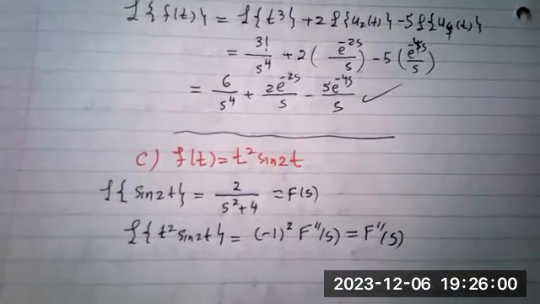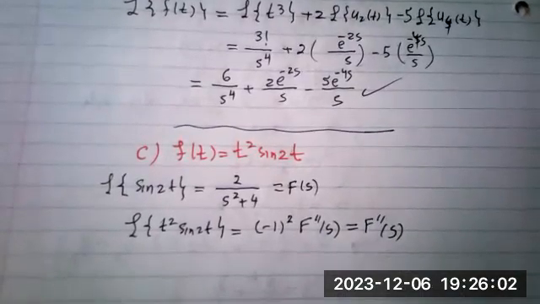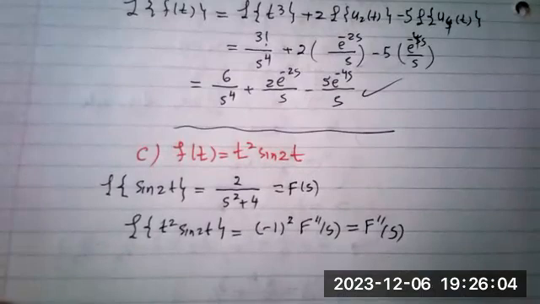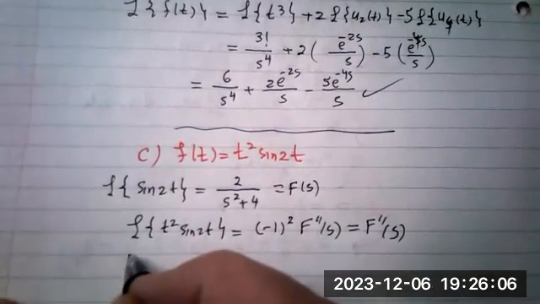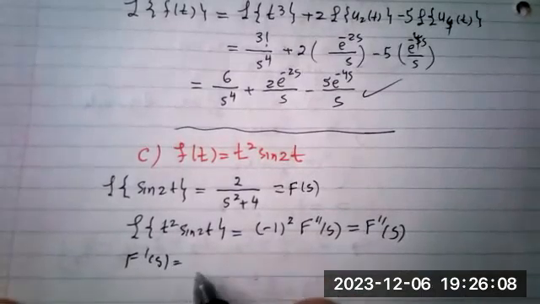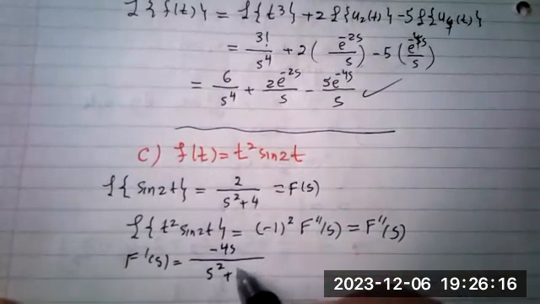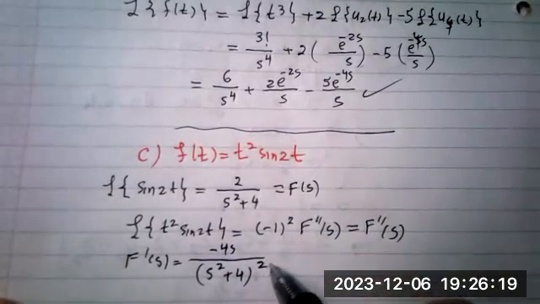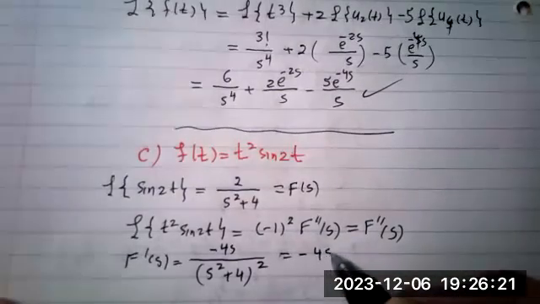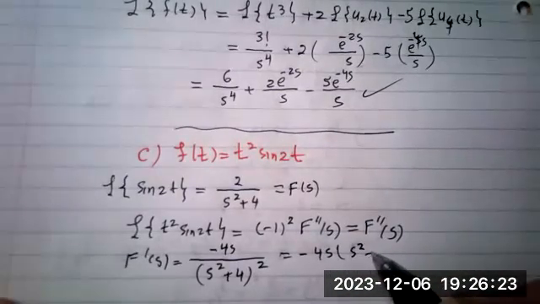So we're going to differentiate F of s twice. For the first derivative, use the quotient rule. The top times the bottom derivative would be 0, minus bottom prime times top, negative 4s divided by s squared plus 4, all squared. You better rewrite it, then differentiate it again.